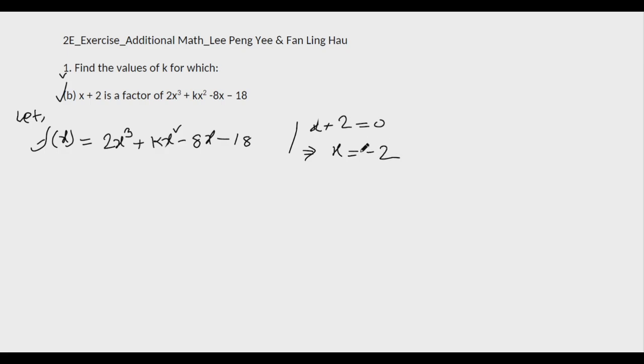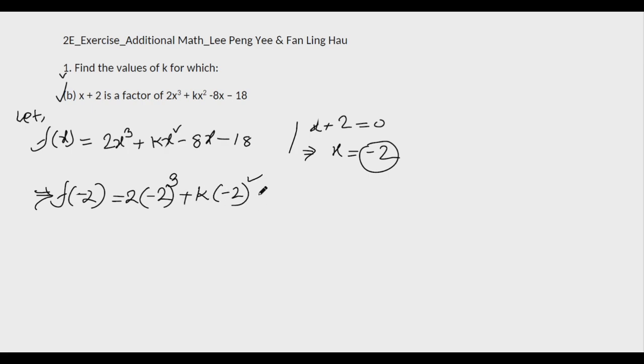So if we put the value of x in this expression, we will get f of minus 2 is equal to 2 into minus 2 whole cubed plus k into minus 2 whole squared minus 8 into minus 2 minus 18.